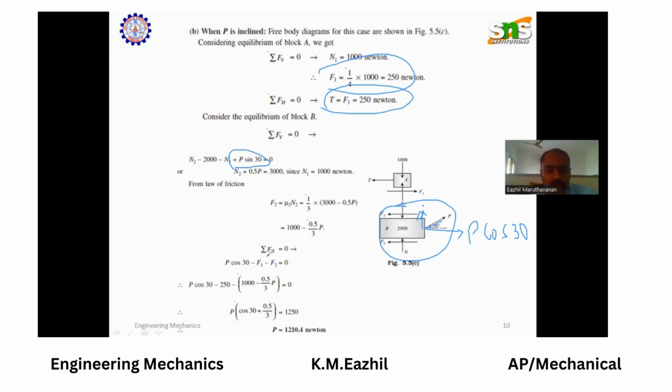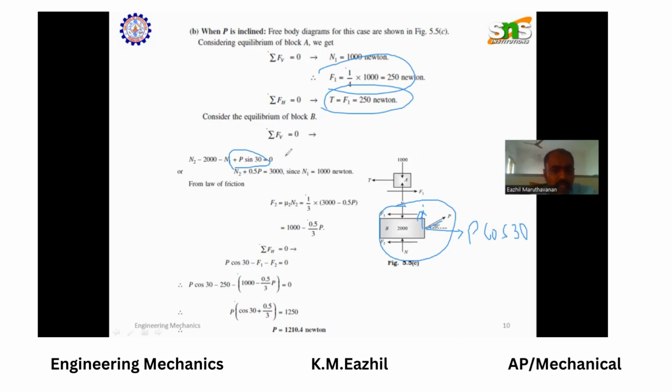Similarly, for the horizontal component, while resolving, we'll get the equation as P cos 30 minus F1 minus F2 is equal to 0. We'll get the equation as P cos 30 minus 250 minus 1 by 3 into (3000 minus 0.5P).